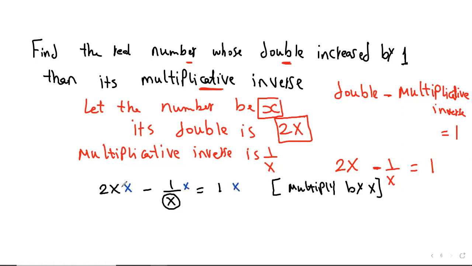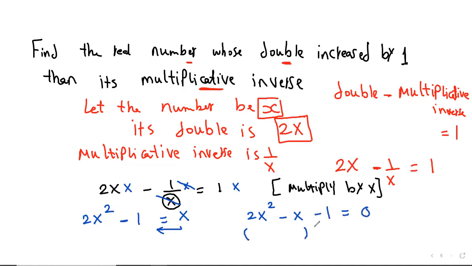So 2x times x will be 2x to the power of 2. And here 1 over x times x, they are going to be cancelled, so minus 1 equals 1 times x, it's x. Move x to the next side, so 2x to the power of 2 minus x minus 1 equals 0.